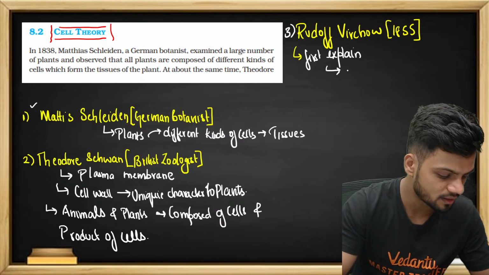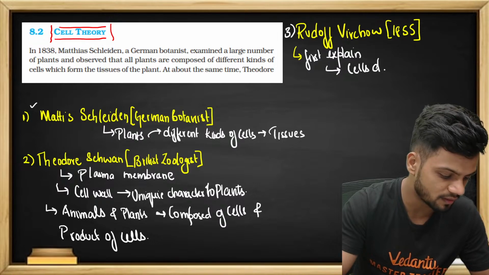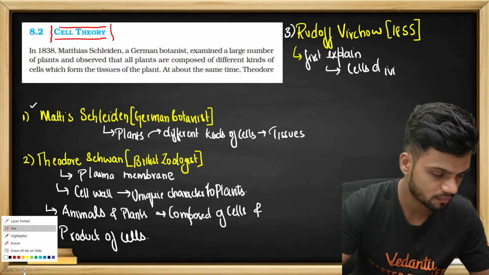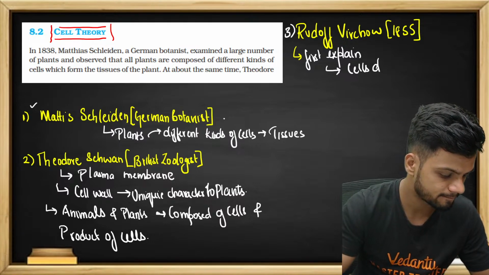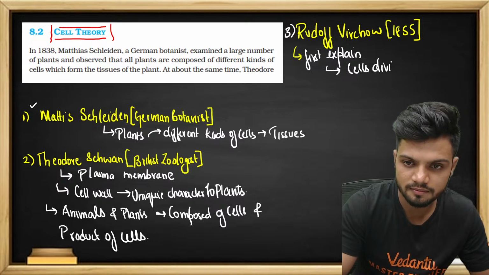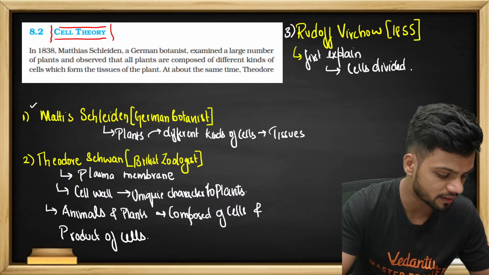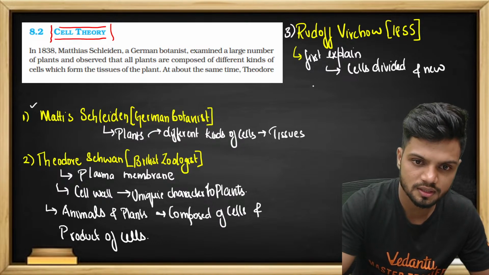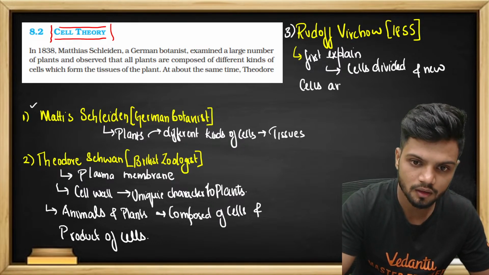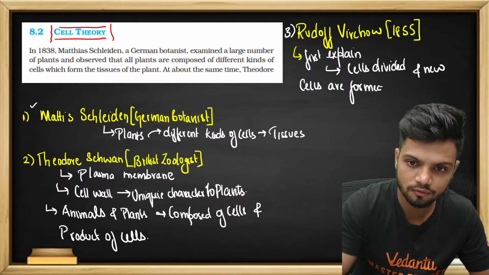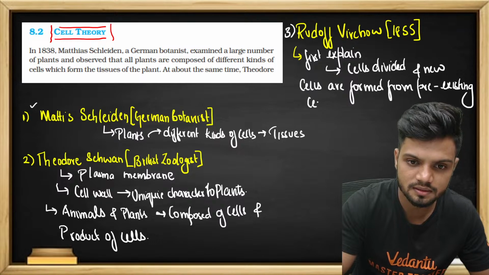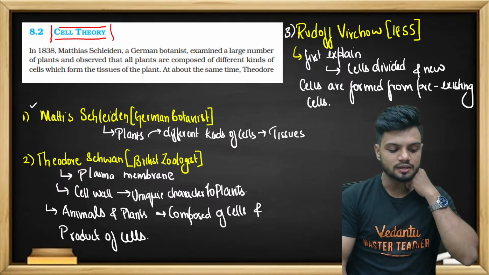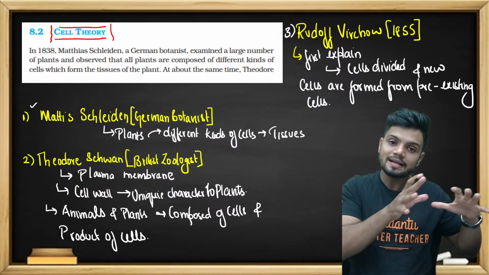He explained to us that cells divide and new cells are formed from pre-existing cells. So all the cells which are present in the world are from pre-existing cells.